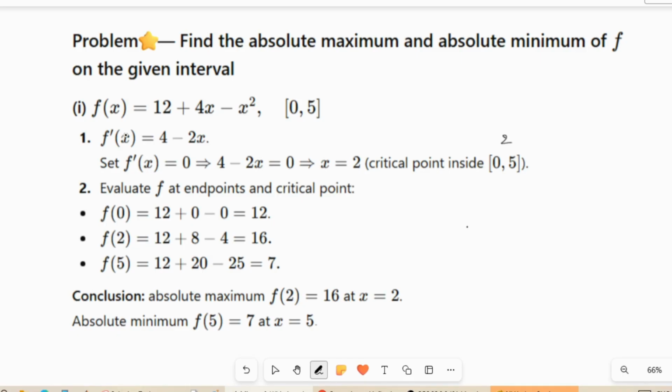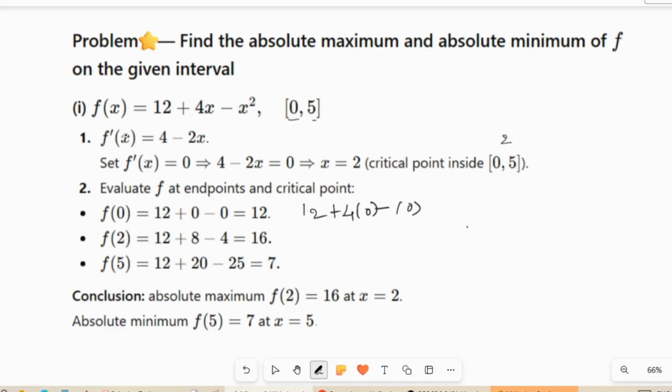So we have to find f at the endpoints and critical points. The endpoints are 0 and 5. f of 0: substituting 0 in the function, 12 plus 4 into 0 minus 0 square, that equals 12.